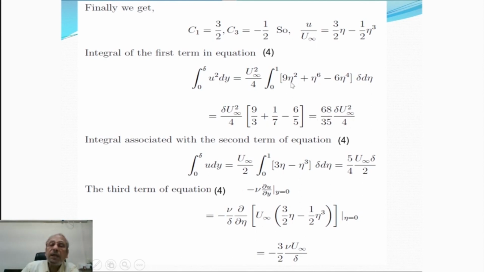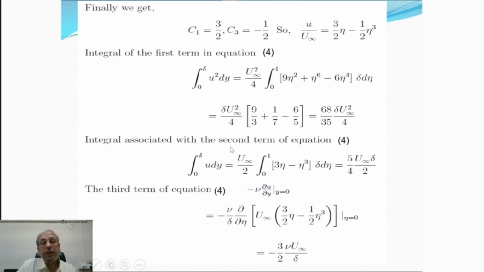So we integrate this profile, which gives 9 eta cube by 3 plus eta 7 by 7 minus 6 eta 5 by 5. Then we put the limits eta equal to 1 and 0 to get this integration.